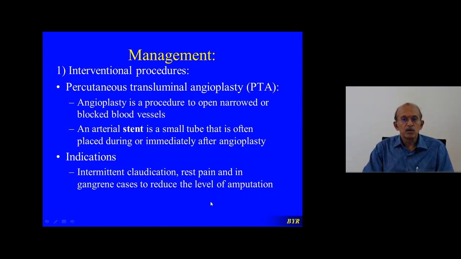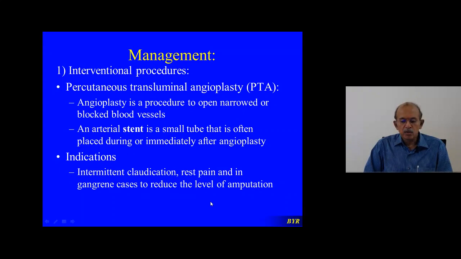So where do you have to do the amputation? Tell me. A patient with atherosclerosis comes to you with gangrene of the great toe, but the obstruction is at the femoral artery. Now, where do you perform the amputation?